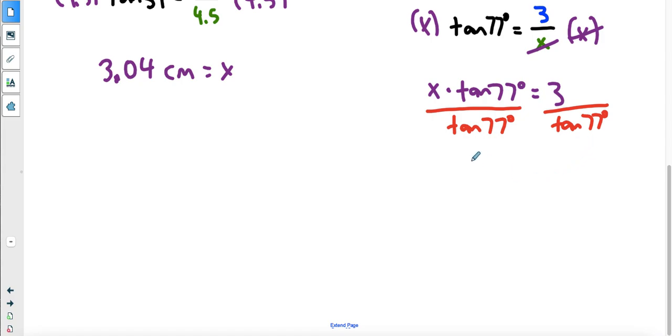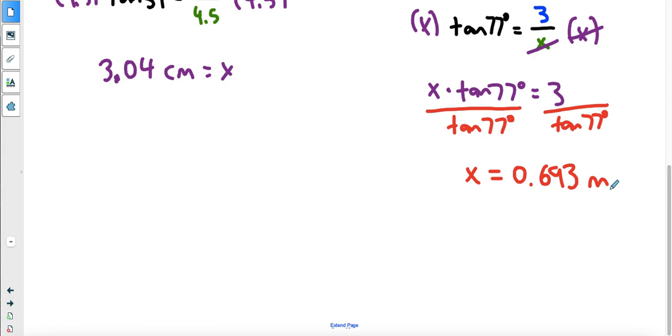And if you plug this into your calculator, 3 divided by tan of 77 degrees, you'll find x is equal to 0.693 meters approximately.